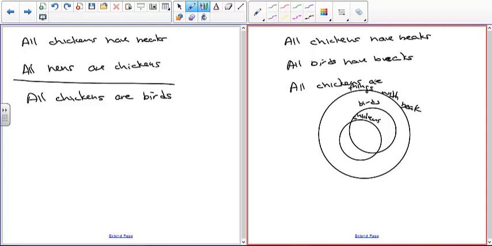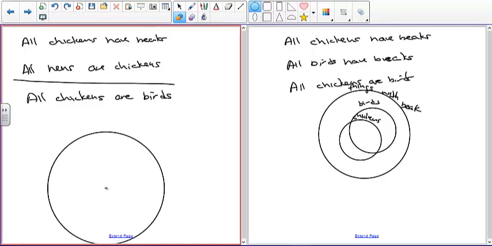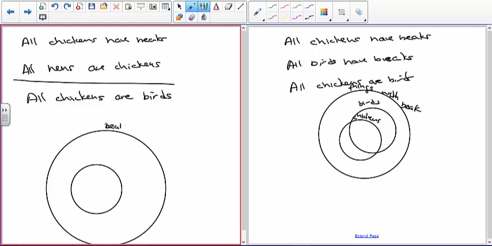Okay, even though this was not assigned for your homework, let's do this one. So what we can say is all chickens have beaks. Again, we could draw a bird inside here. This is things that have beaks. This is chickens.